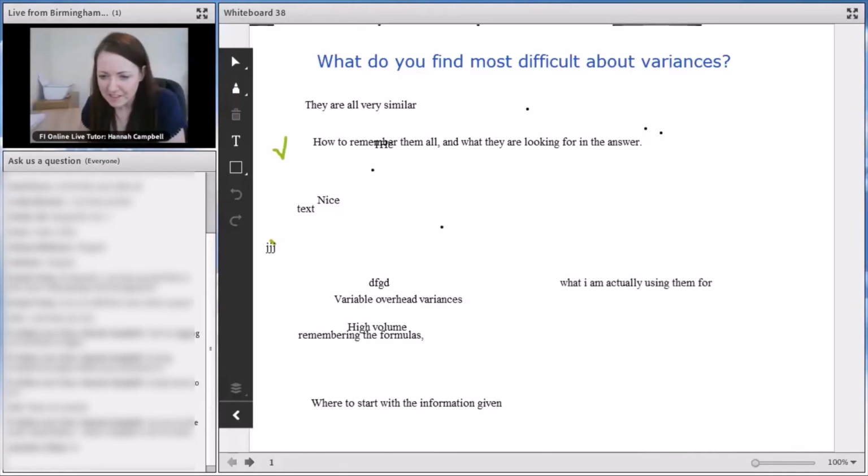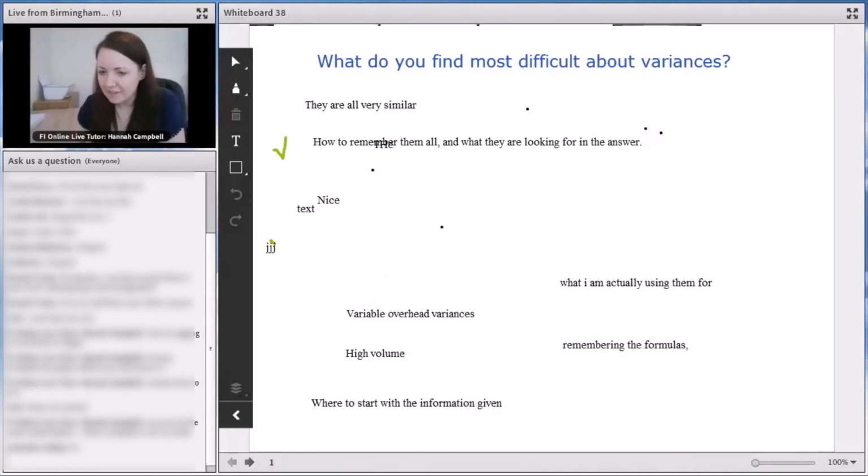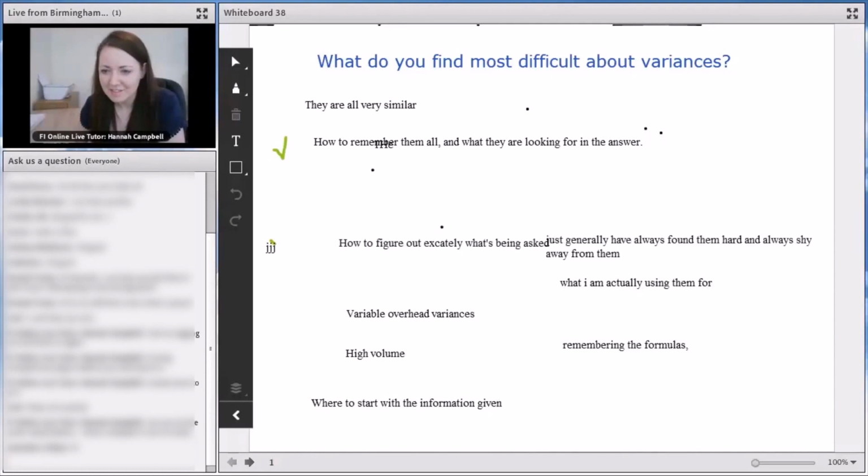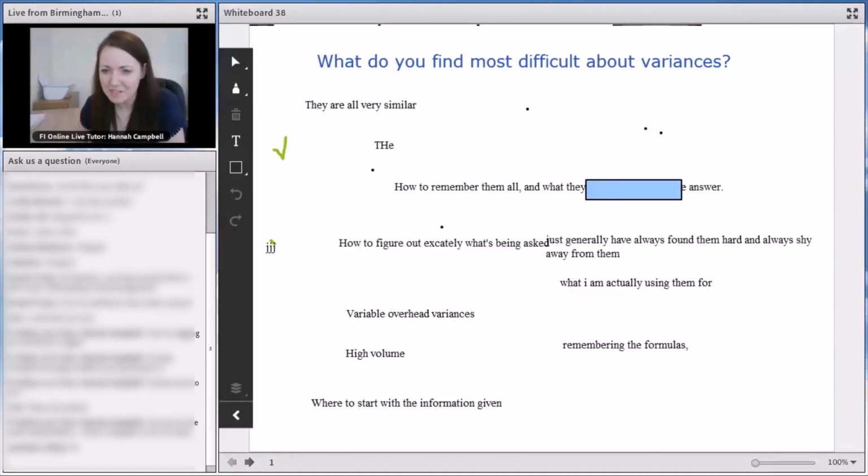Let's just spread these out whilst you're still typing them in. Let's delete that one, and that one, and that one. Fabulous. I quite like this. I've never used it before, but I like it.